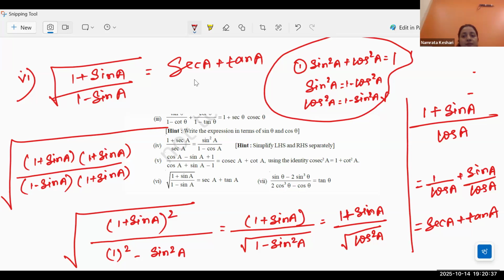Making sense? If you are thinking that you will do only these questions and be able to solve a new question, no, you will not be able to do any new question if you solve only these questions from NCERT. You need enough exposure.